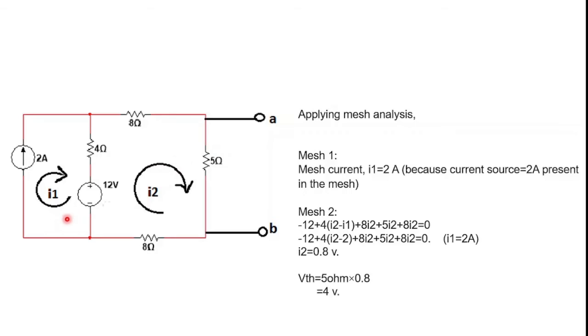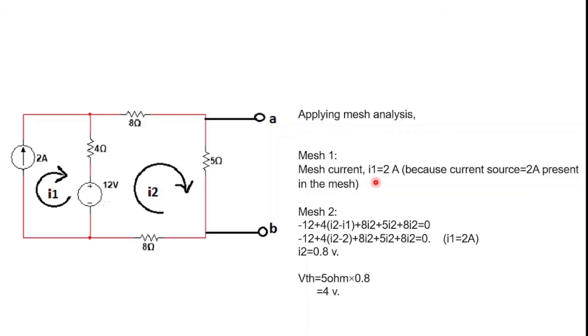If we apply mesh analysis on both of these meshes, what do we get? In the first mesh, there will be the current I1 equals 2 ampere. Why? Because there is already a current source in this mesh, so the current in this mesh is supposed to be equal to the current source. That's what mesh analysis states.